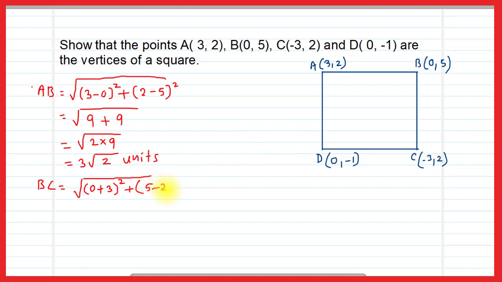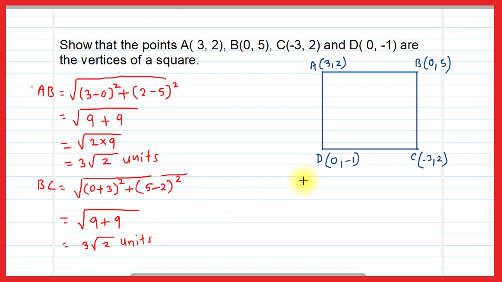If you solve this, you will get 0 plus 3 will be 3 and its square will be 9, plus 5 minus 2, that is 3, and 3 square will be 9, and again it is the same thing, 2 into 9, that is 3 root 2 units.